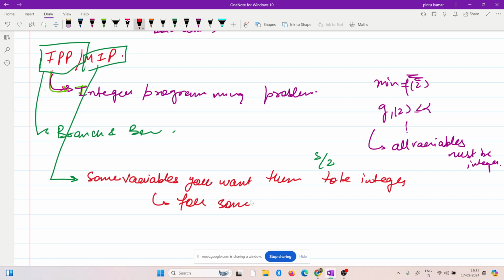Some you can allow to be complete real numbers, but some you want to be integers. That kind of problem is called mixed integer programming, MIP.